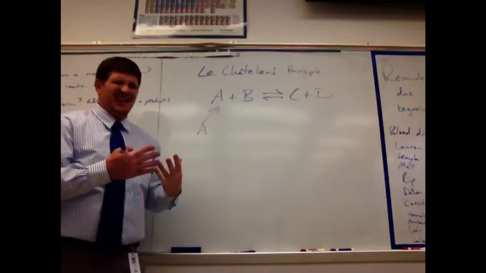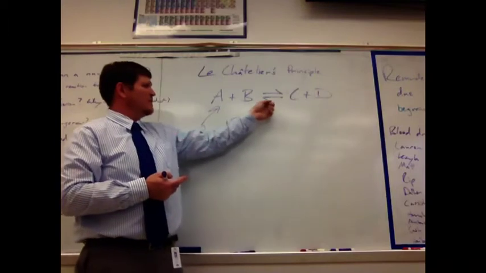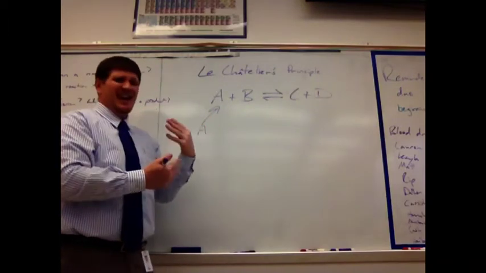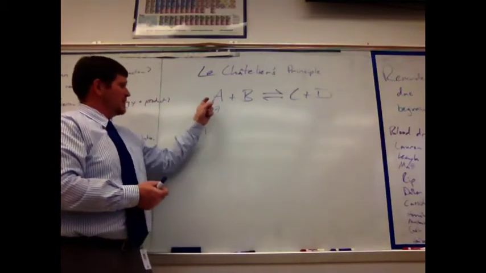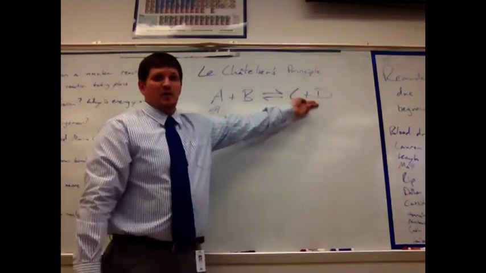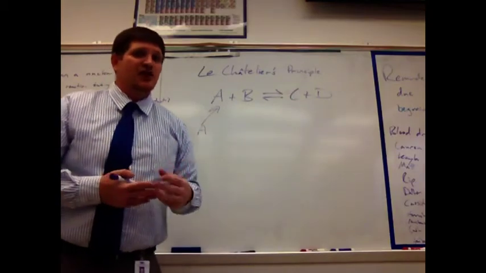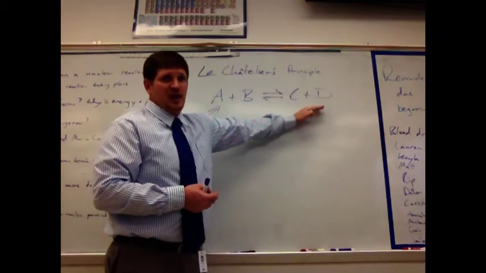Let's think about this. If I'm adding more A, is the reaction going to want to come back the other direction, to the reactant side, and make even more A? That just doesn't make any sense. The reaction says, hey, you added more A, it stressed me out, I want to move over to the other side. That was Le Chatelier's principle about concentration: if I add more of one thing on one side, it's going to push to the other side.